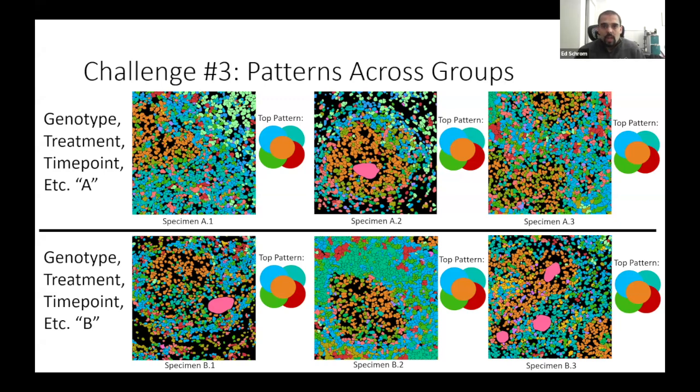Instead, we often really care about how spatial arrangements differ among groups of specimens, like genotypes, treatments, time points, etc. For example, these are segmented images of tuberculosis granulomas, and the primary feature that differs from random assortment in each of them is probably the orange myeloid core surrounded by the cool colored lymphocyte cuff plus some red vasculature. Identifying this pattern in each individual image is important, but it doesn't tell you how your specimen groups differ from one another.